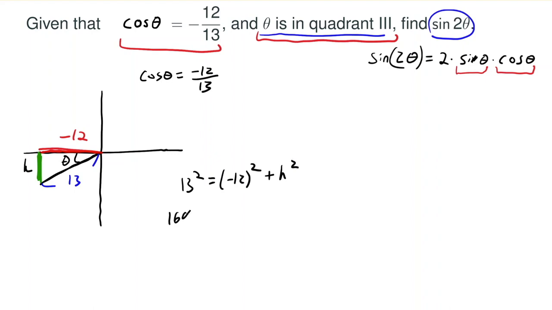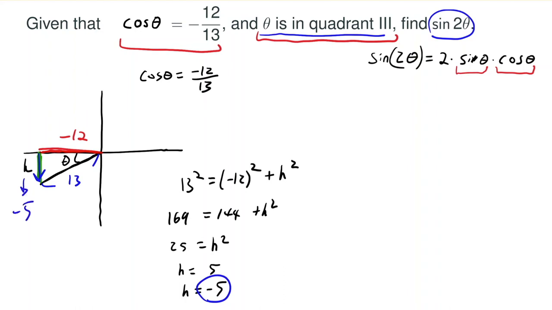This is 169 equals 144 plus h squared. Subtract 144 from both sides. I get 25 equals h squared. So then h can either be positive 5 or negative 5. So we have to see, looking at the location of the angle, which one it would be. Here it has to be negative because h is right below the x-axis. So this must be negative 5, not positive 5.